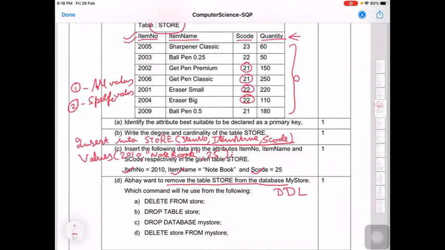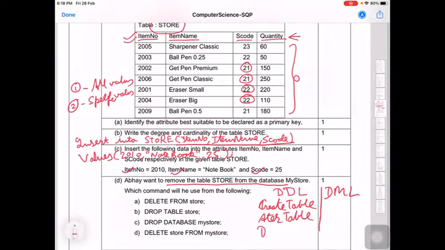If it had been written that he wants to erase records, then it will be DML. Okay, so in DDL, and let us discuss both. DDL you have create table, then you have alter table, the basic three, and drop table.